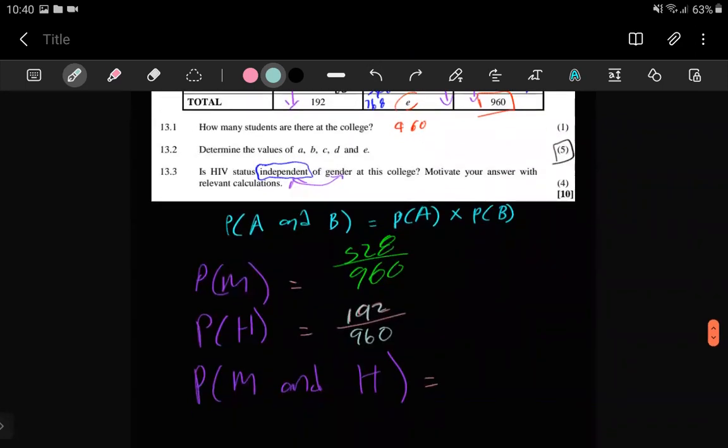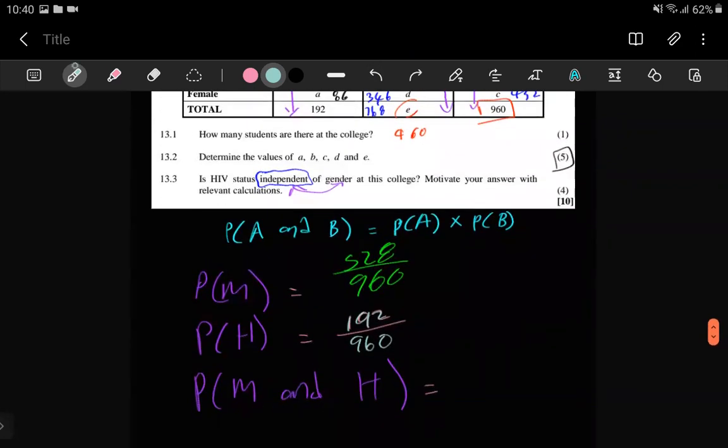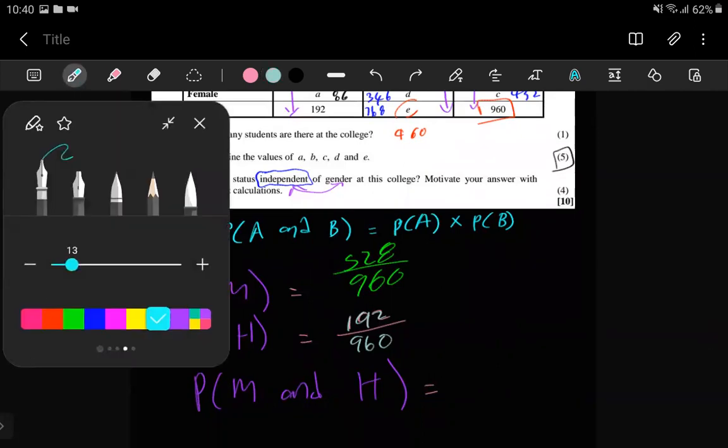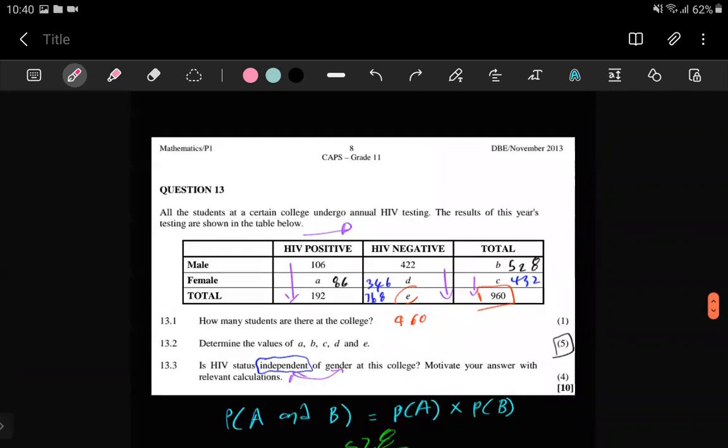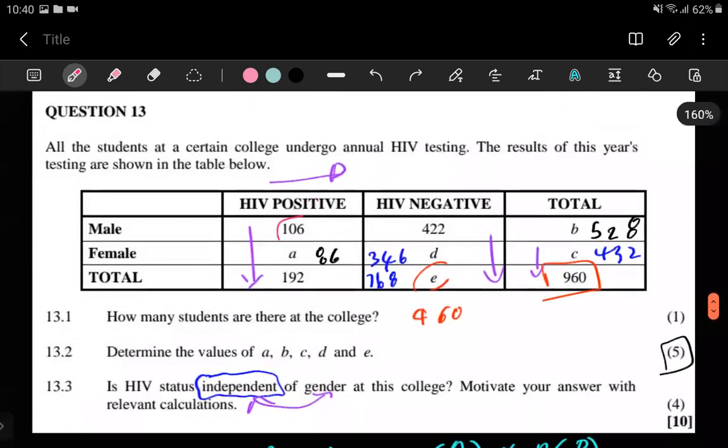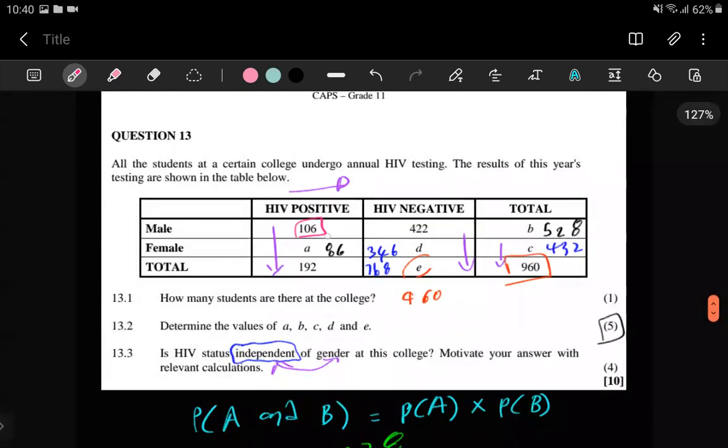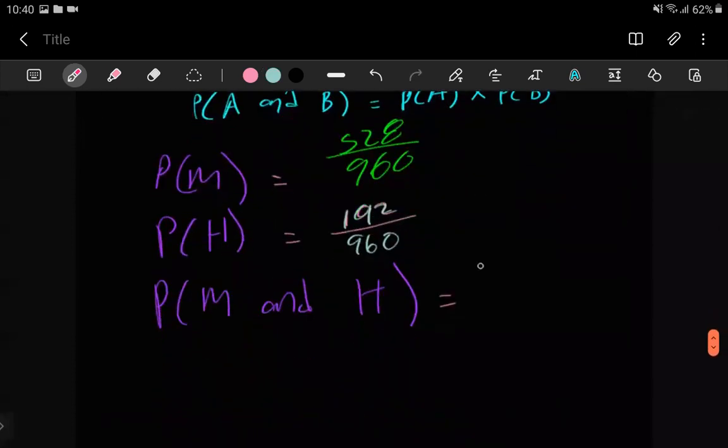And then the probability of being male and being HIV positive. That scenario is this cell. The probability of being male and being HIV positive is just 106 divided by 960.